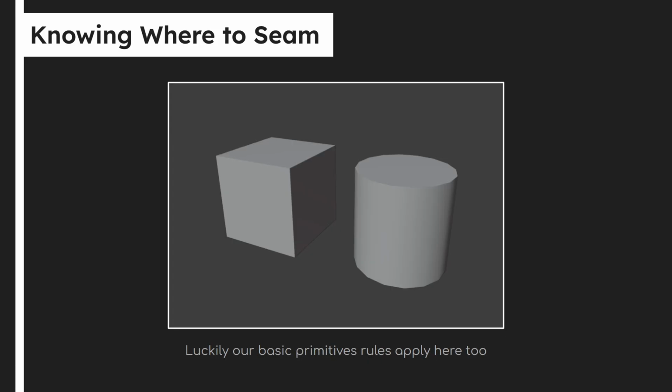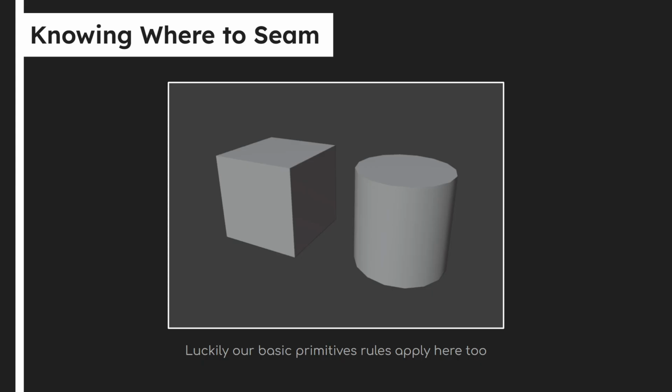There's even better news. Knowing where to seam. The complicated part usually comes down to knowing where to seam. If we go back and forth and work with the debugging and adding seams and unwrapping and just make it iterative, it's usually not that hard to get some good result anyway. But when we were modeling at the beginning, I said you should pretend your object's made entirely of cylinders, or pretend your object's made entirely of cubes, or however else you want to block it out. When we're UVing things, we can use similar principles.